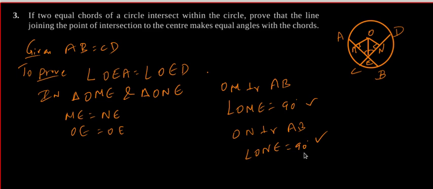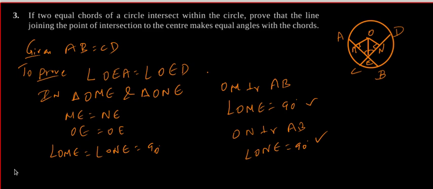So angle OME equal to angle ONE, both are 90 degrees. So we have the 90 degree angle, the hypotenuse equality and one side equality. The right angle, hypotenuse and side of one triangle are equal to the right angle, hypotenuse and side of the other triangle.